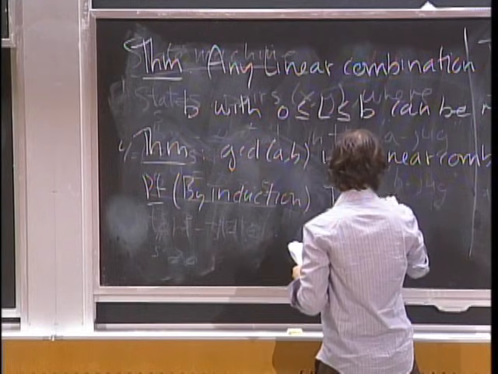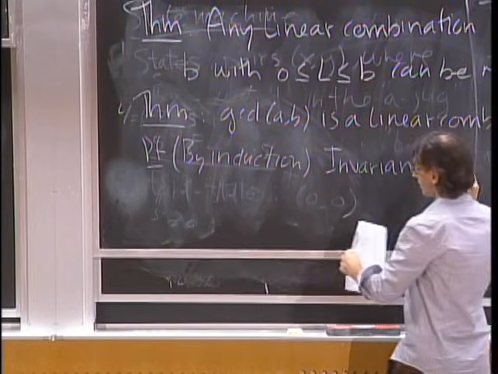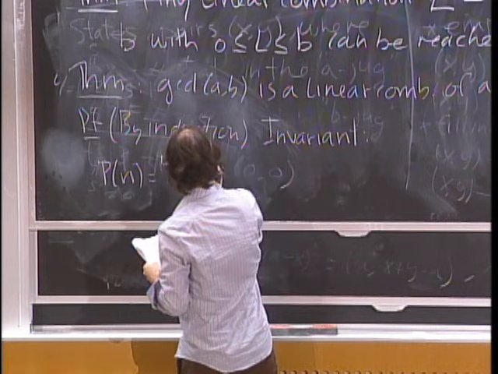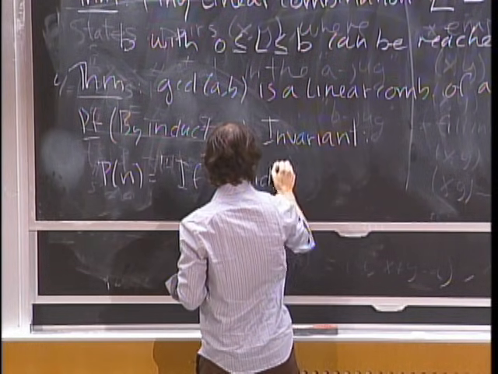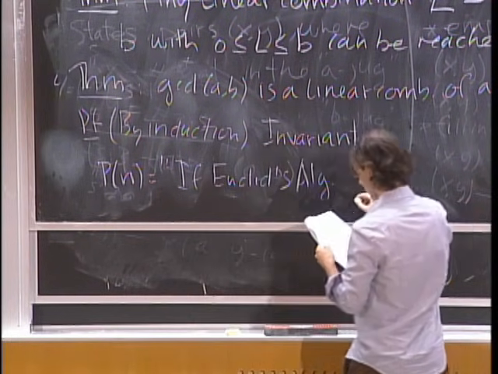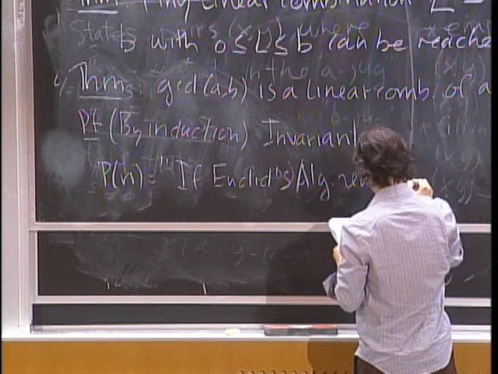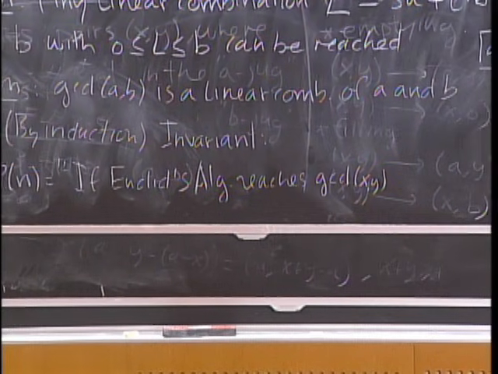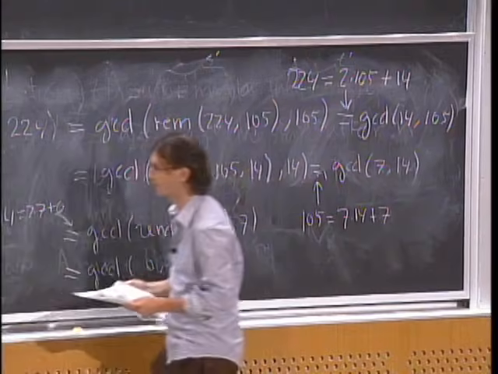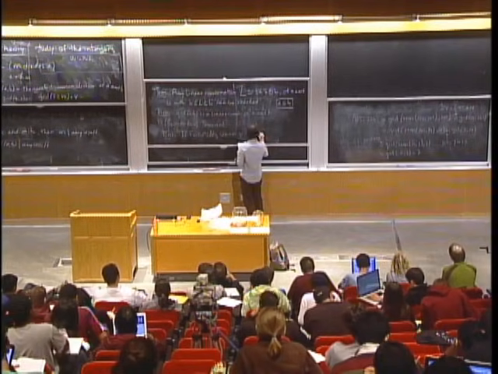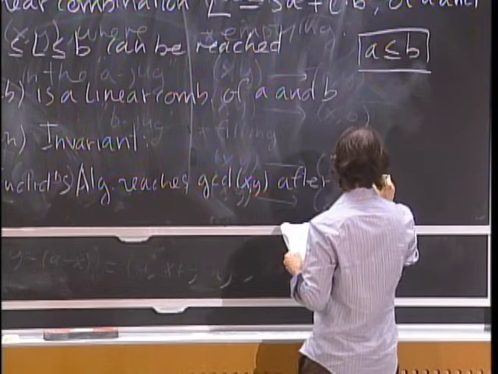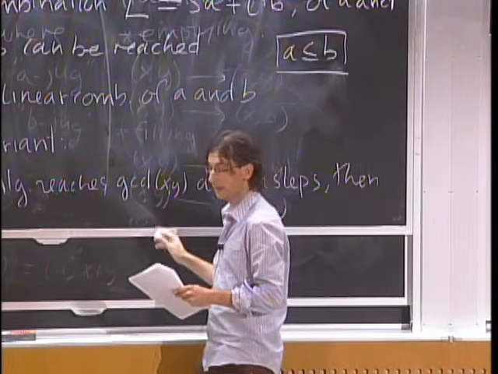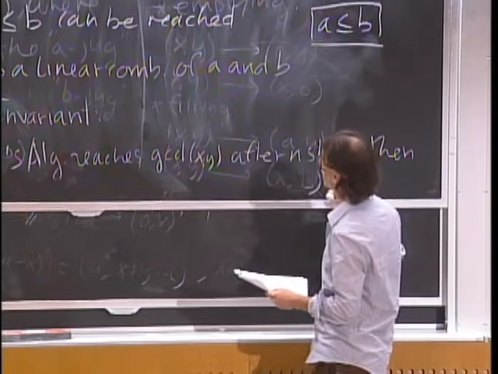The invariant that we're going to use says, well, if Euclid's algorithm reaches the greatest common divisor of x and y, so for example, it reaches, say, 7 or 14 and 105, for example, then, say after n steps, then both x and y are linear combinations of a and b.